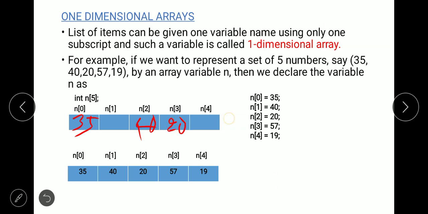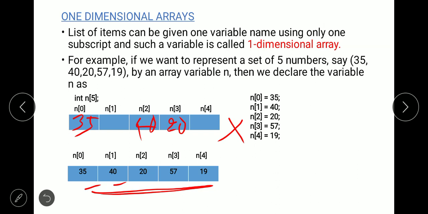So this is not the proper representation because it is not contiguous. The array elements will always be stored in contiguous memory locations. So there is no gap between 35 and 40. You should not leave any memory space between the two elements. They are contiguous. Is that clear?